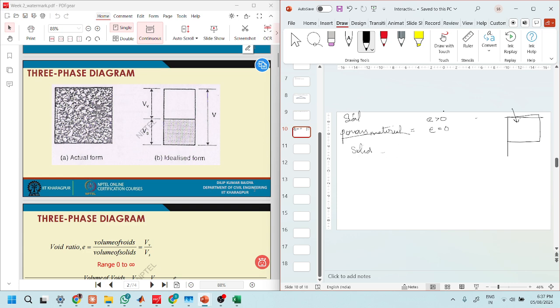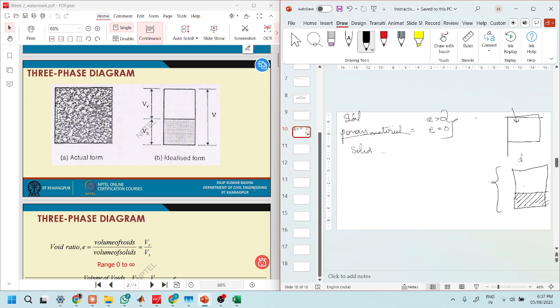So by virtue of this definition of a porous material, at the elemental level, soil will have some solids and it will have some pores. Right now there are two phases present in the soil.